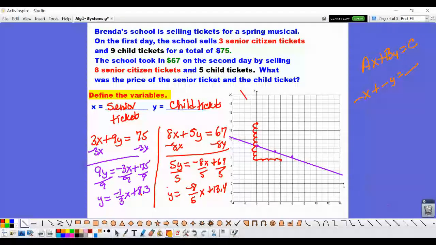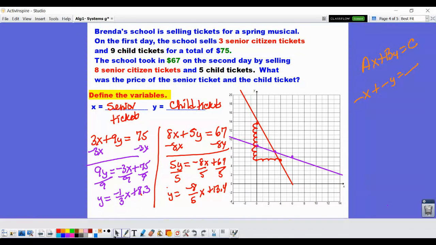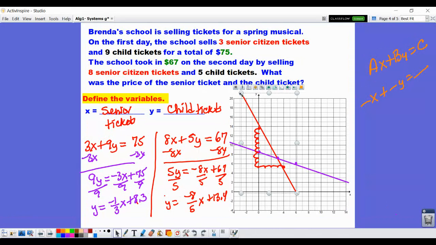Again, we're looking for where they intersect. So this is an estimate. We're going to get as close as we can. Okay, in looking at this, I am going to assume that this is my intersection right here.